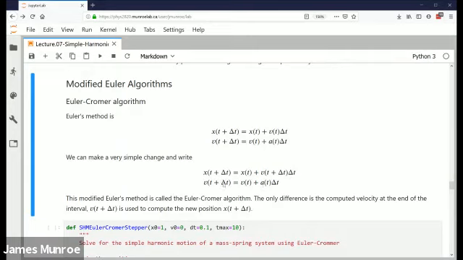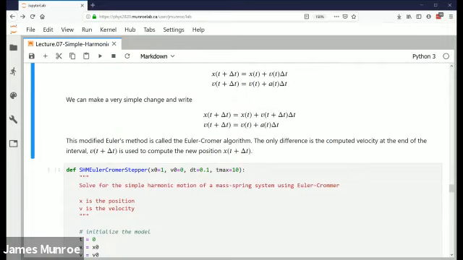The velocity line is going to stay exactly the same. We'll figure out the velocity at the end of the time step, equal to the velocity at the beginning of the time step plus the acceleration term. But what we'll do is first calculate this line and use that new velocity to update the position. So the only difference here is which velocity we're using to update x.